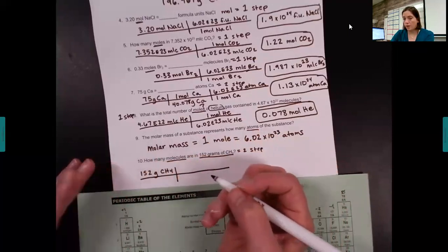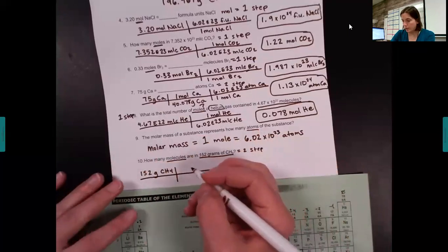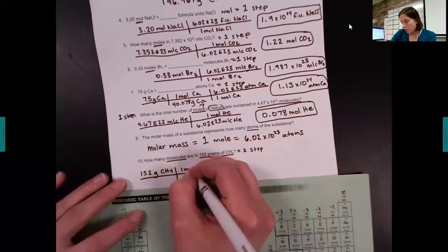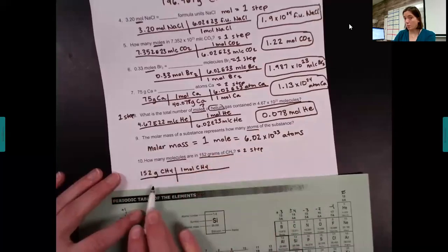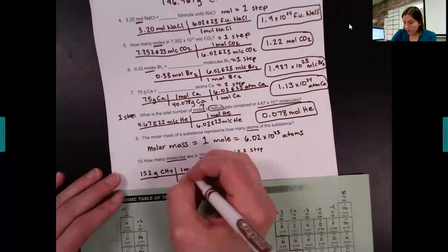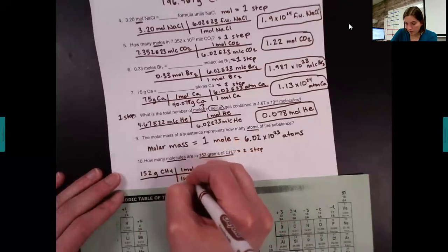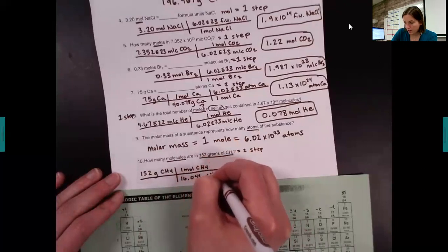If I'm starting with grams, the first thing I have to do is convert it to moles every time. So 1 mole of CH4, and because it's grams, I need the molar mass: 1 carbon's mass plus 4 hydrogens' mass, which gives 16.043 grams of CH4.